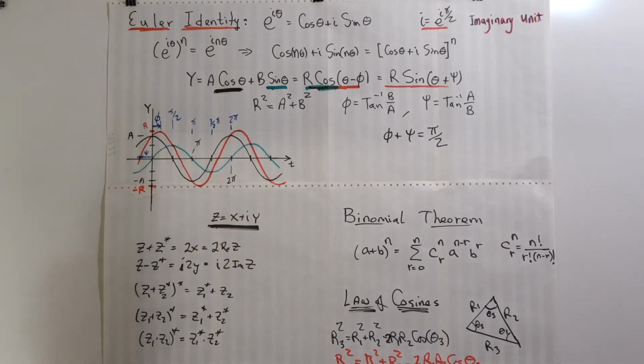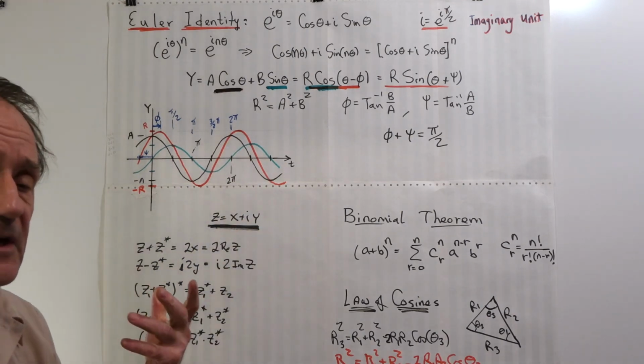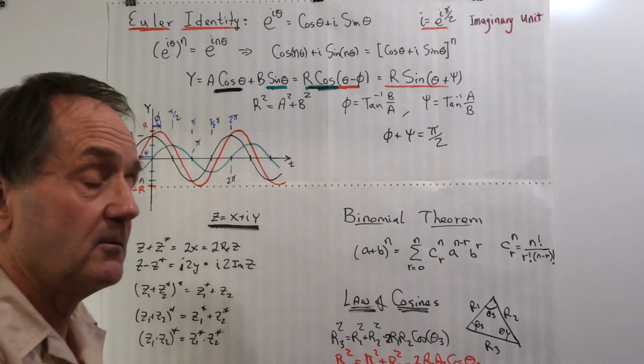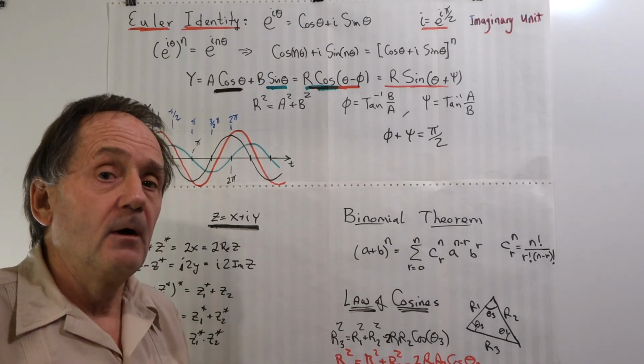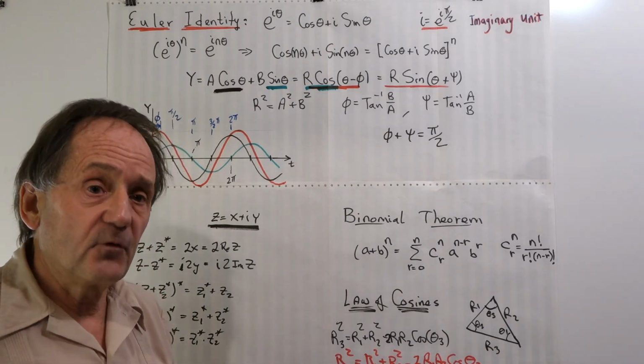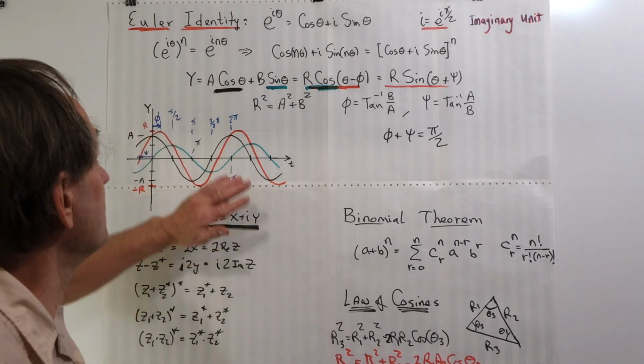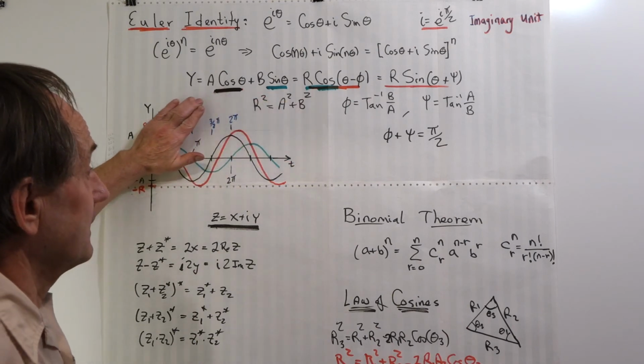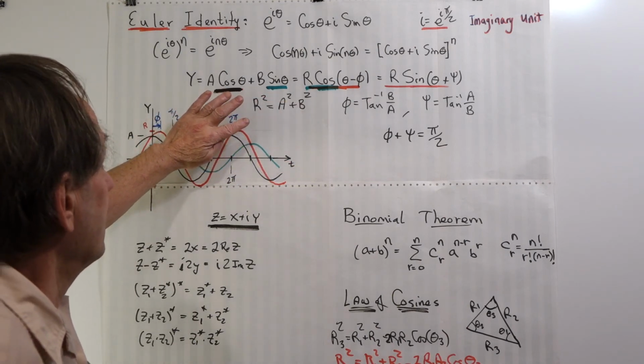And this always happens. Whenever you have sines and cosines of the same frequency and you add them, you always end up with a sinusoidal type curve with the same frequency, just shifted in time. We do this a lot in electronics.